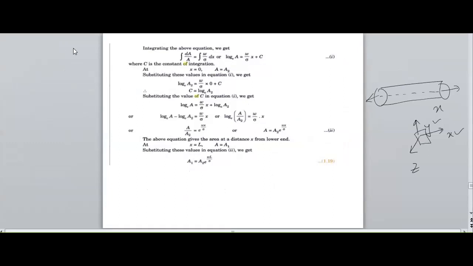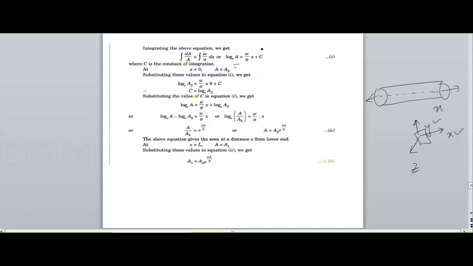Therefore, we get a constant C, and the integral of 1 by x is log x. Here x is capital A, and on the other side we have dx. Therefore, log A is equal to omega by sigma into x plus C.